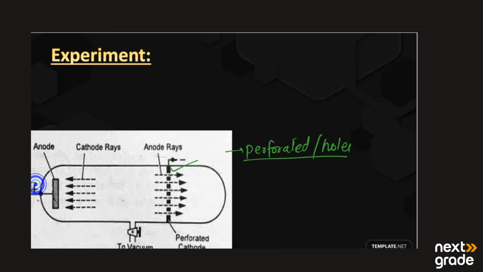When the positive part, the anode, is attached and the cathode is attached to the negative part, then along with the production of cathode rays originating from the cathode, which are negatively charged ions or electrons, there is a production of other rays from the opposite side to the cathode that are moving in the opposite direction. He called these rays canal rays.